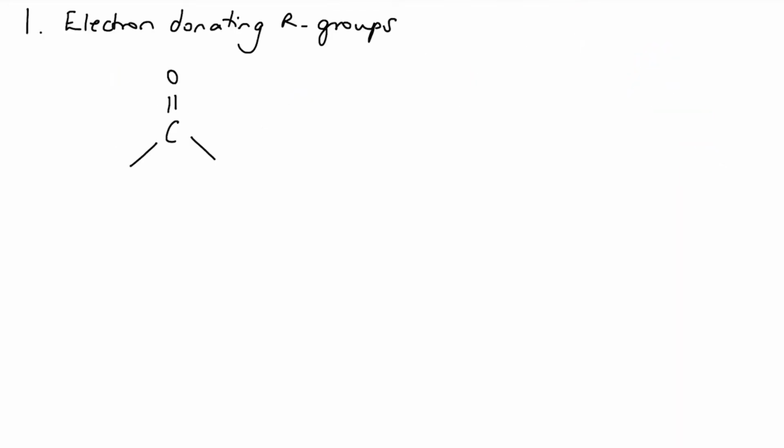I'm going to start with electron donating R groups. Now these R groups are able to donate electron density towards the carbon of a carbonyl group, either through inductive or conjugative effects. And we're going to start with inductive. Let's have a look at butanone.